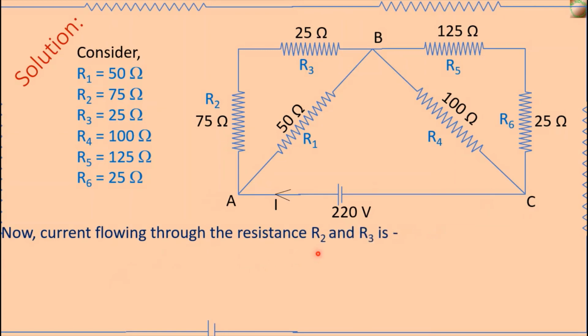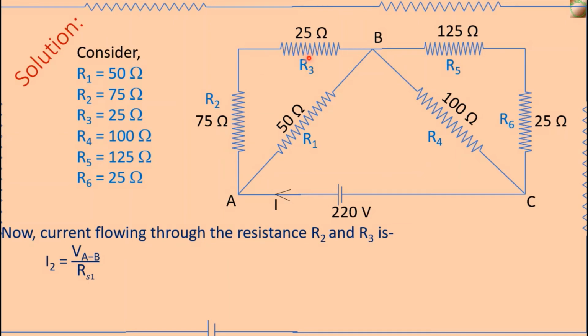The current flowing through R2 and R3 is I2. I2 is equal to the potential difference between the two ends of R2 and R3.